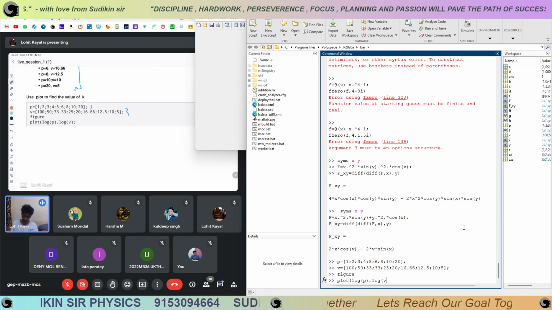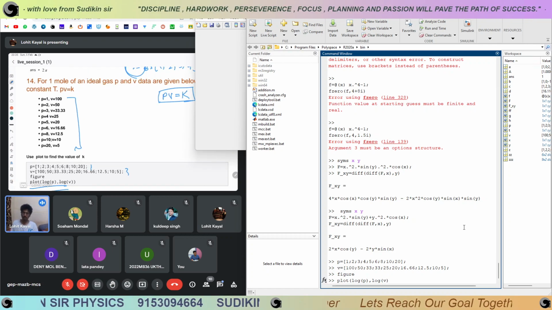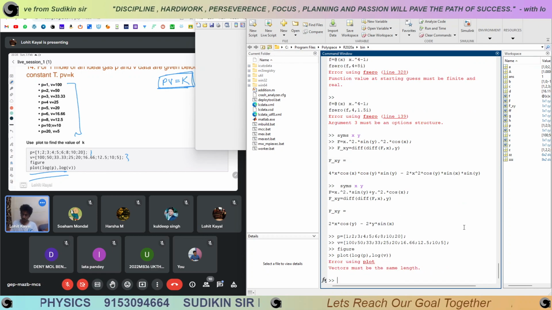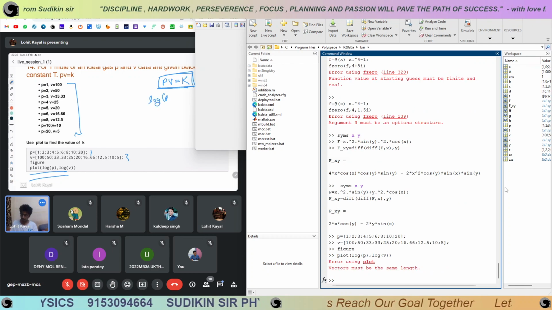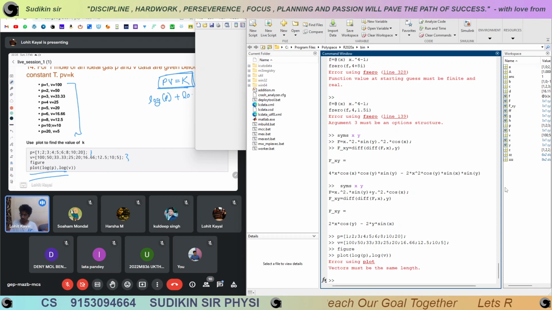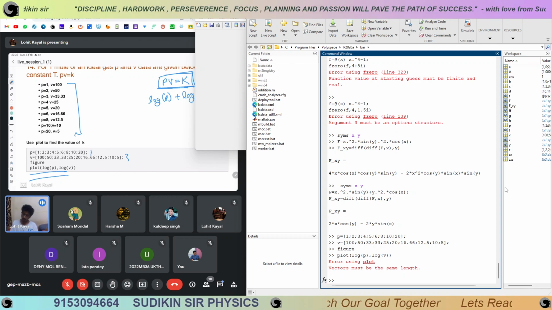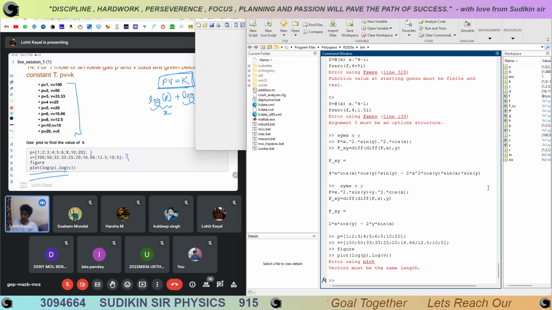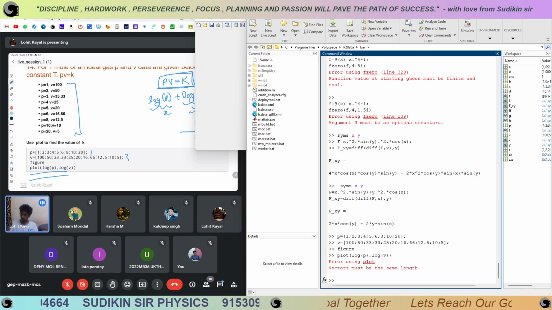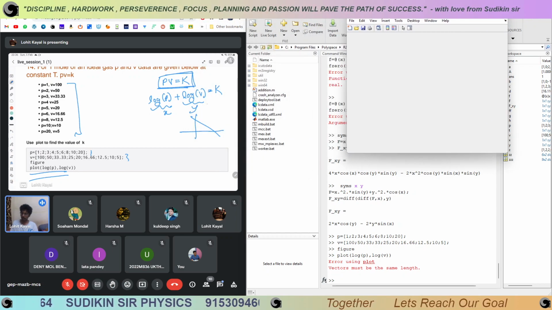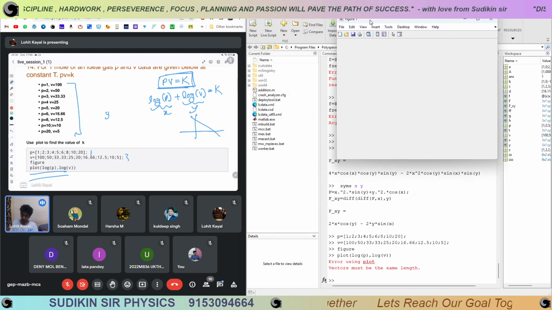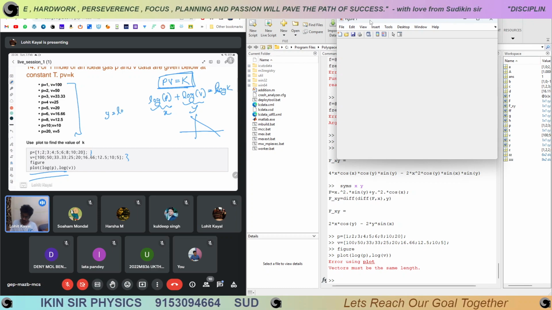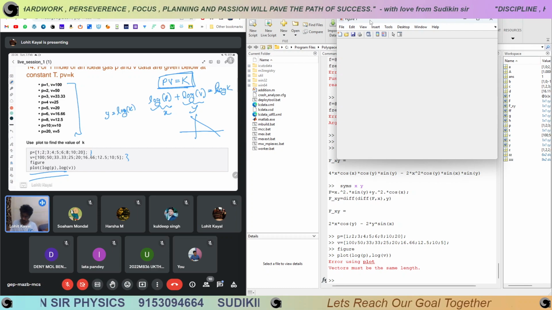Now I am using figure. Just the basic thing. This is PV equal to constant. That means log of P plus log of V equal to log of K. Now if I treat this as x-axis and this as y, I will get a plot like this with a slope of -1. So y equals log of K minus x.